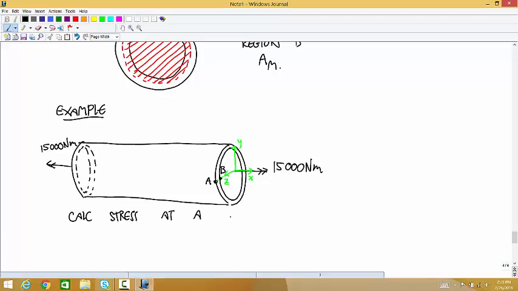So we're going to calculate the stress at A and B using first the thin-walled tubes approach, and second the circular cross-section approach.